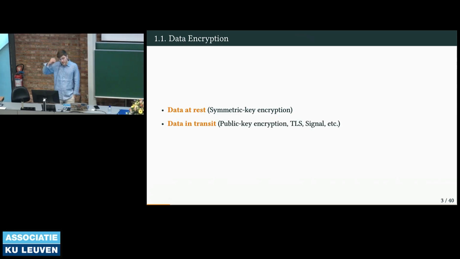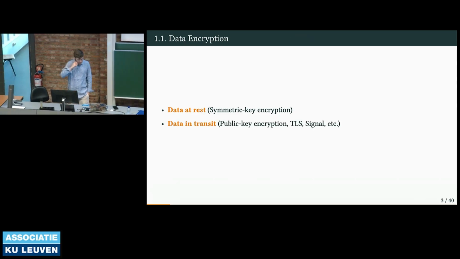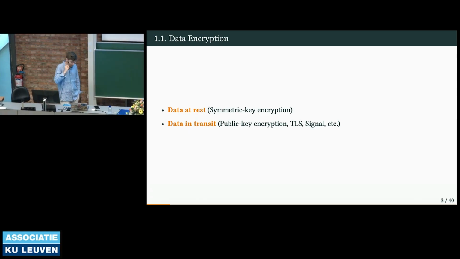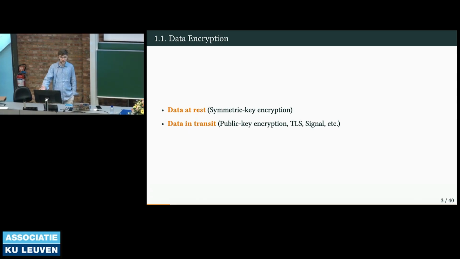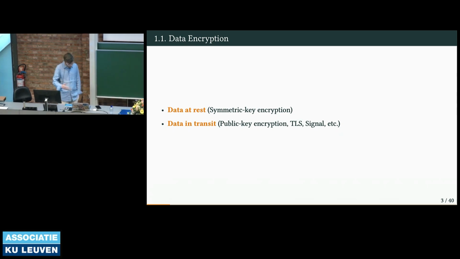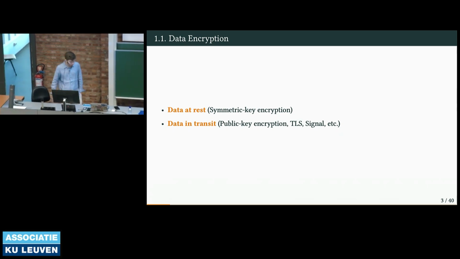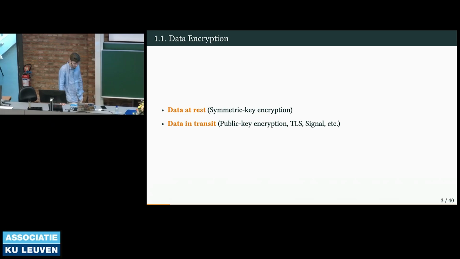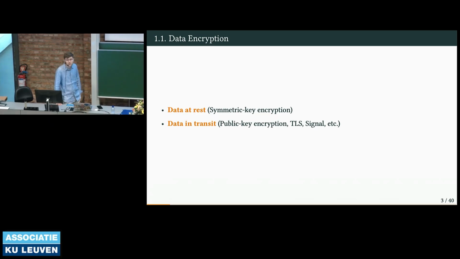Then we have data in transit. You can do data in transit with symmetric key encryption. You just need to one day meet the person you're going to send a message to and give them the key. But the better thing that came out of the 70s and 80s is public key encryption.